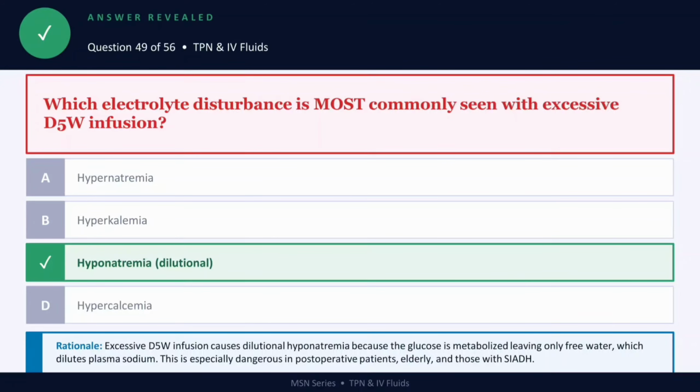Rationale. Excessive dextrose 5% in water infusion causes dilutional hyponatremia because the glucose is metabolized, leaving only free water which dilutes plasma sodium. This is especially dangerous in postoperative patients, the elderly, and those with SIADH.